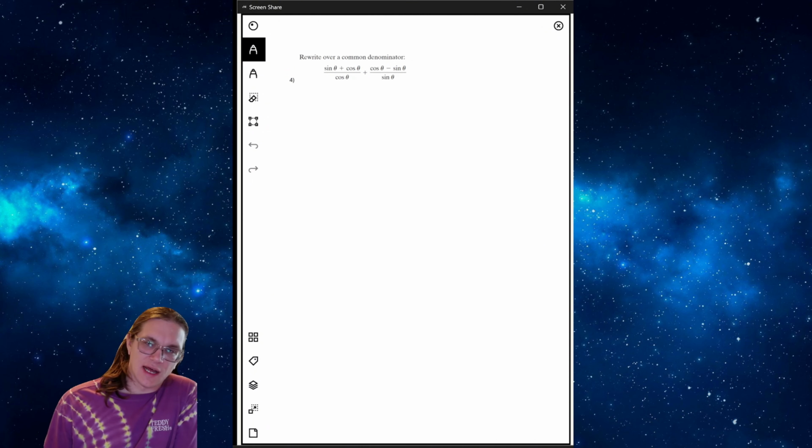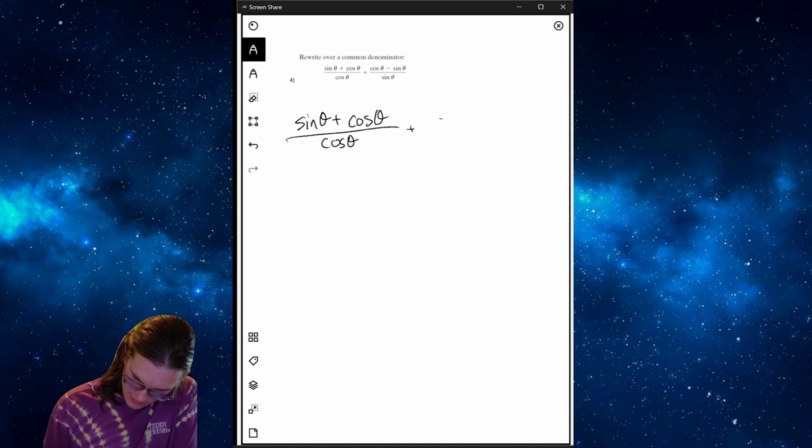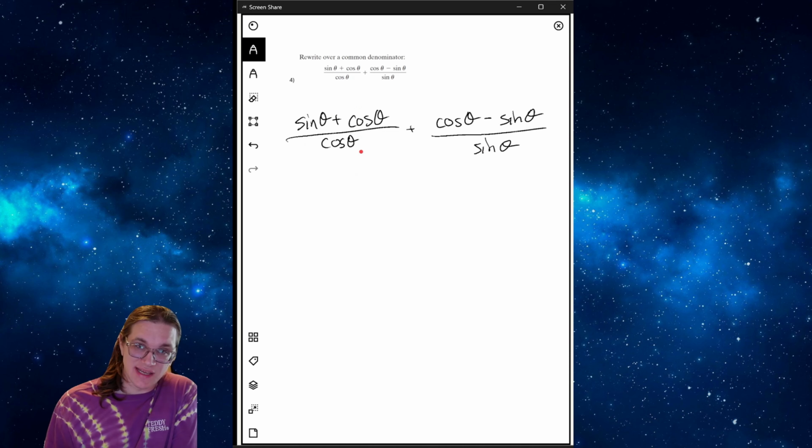All right. Rewrite over a common denominator. We know how this works. Sine of theta plus cosine of theta over cosine of theta plus cosine of theta minus sine of theta over sine of theta over a common denominator is going to be, first thing I do is think, well, I'm going to multiply this whole thing by sine over sine because that's 1, and multiply this whole thing by cosine over cosine because that's 1, and you're allowed to multiply anything by 1.